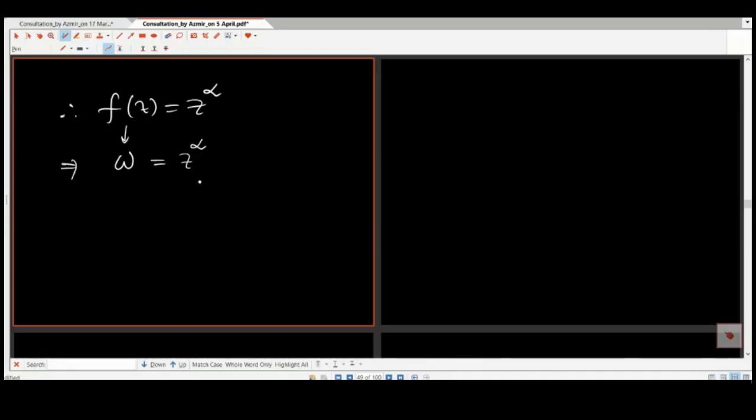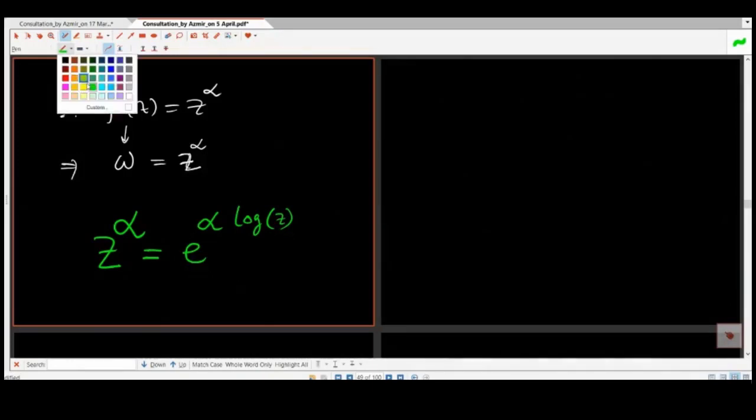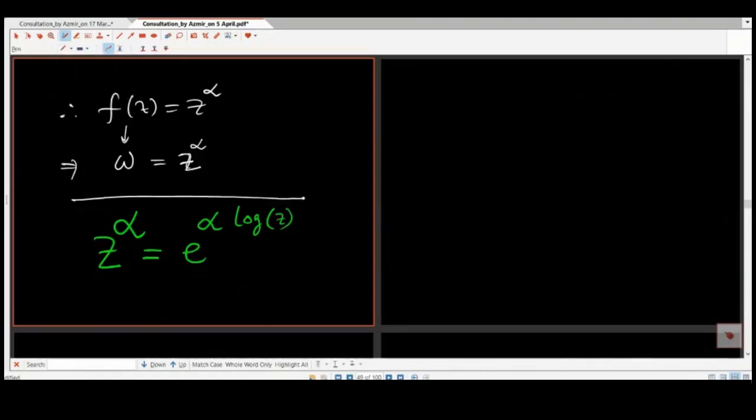We have to understand that complex exponent is defined by a formula. We have to remember that z to the alpha is equal to e to the alpha log of z. Here we can see a formula where this log is a multiple valued function.